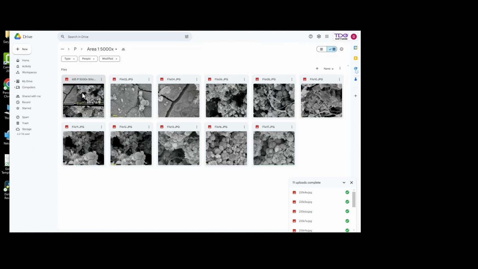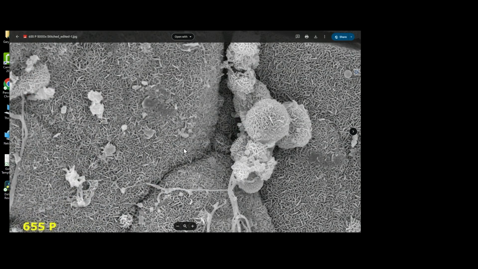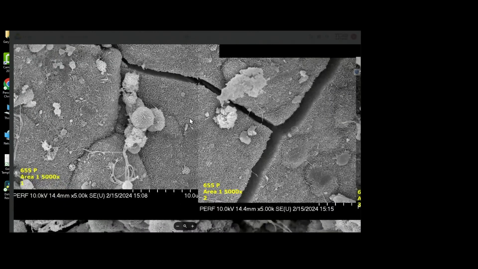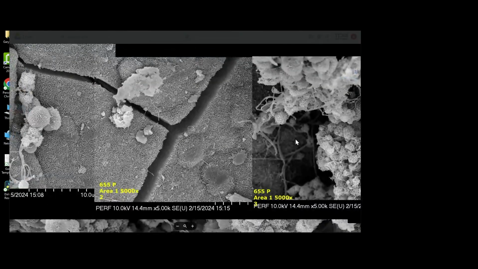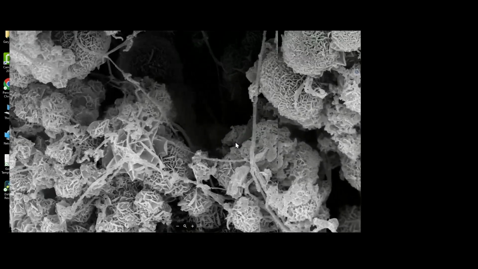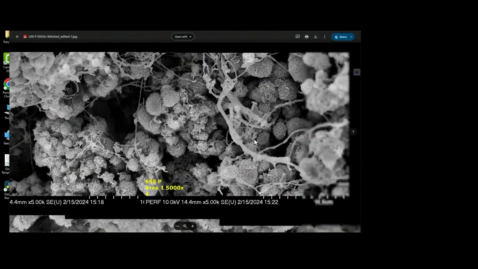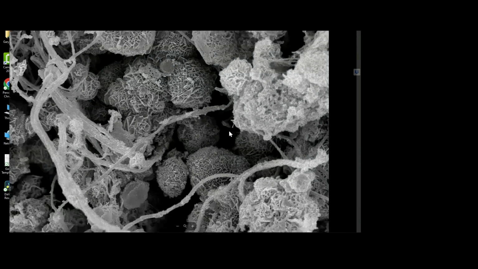But the palatal root is where the real surprise was. And I haven't seen any mineralization front look like this. It looks like it's been completely demineralized, but not affected by the sodium hypochlorite at all. And whether this is due to the effect of the Analyte or the ultrasonic activation of the irrigants, I don't know.